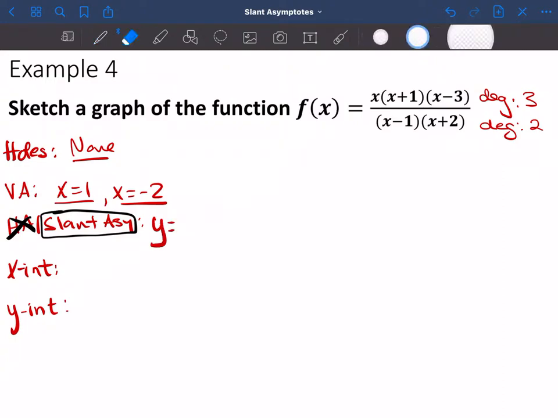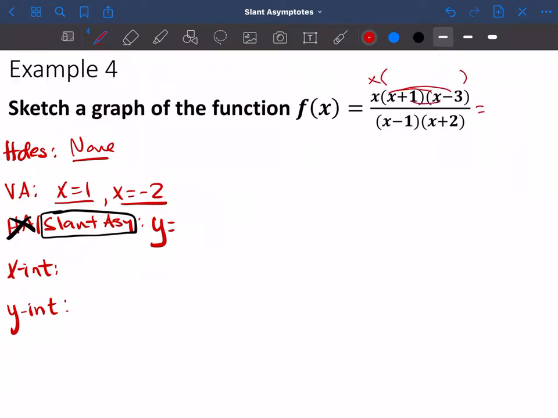All right, so we're going to have to do some multiplication before we can do some division. So we need to multiply out our numerator. So we have x times, and let's go ahead and FOIL out these binomials here.